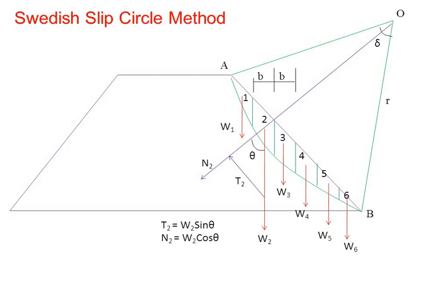From the normal and tangential components, the factor of safety is determined for each possible failure arc. Here, the tangential component is given by the weight component times sine of theta, while the normal component is given by the weight component times cos of theta.